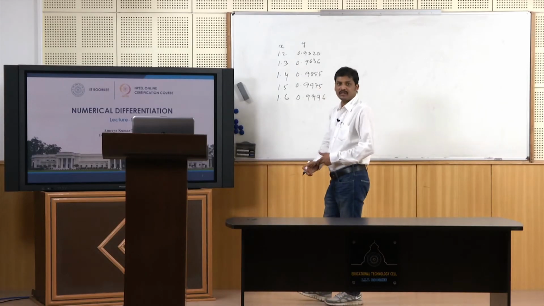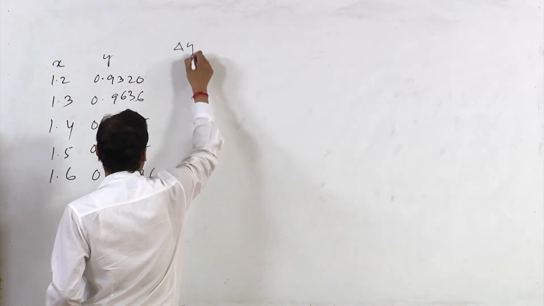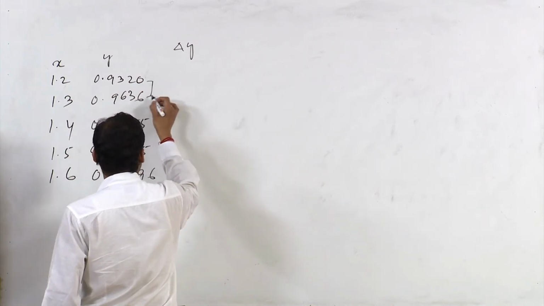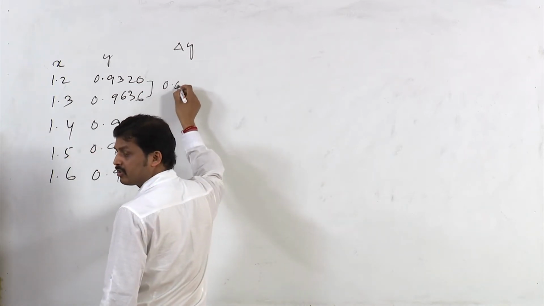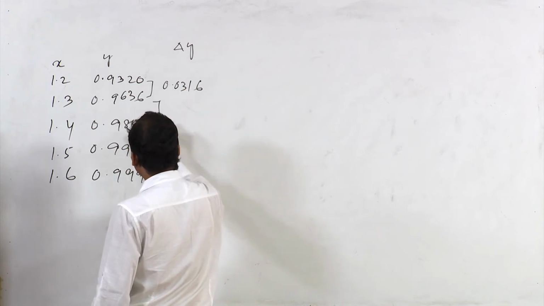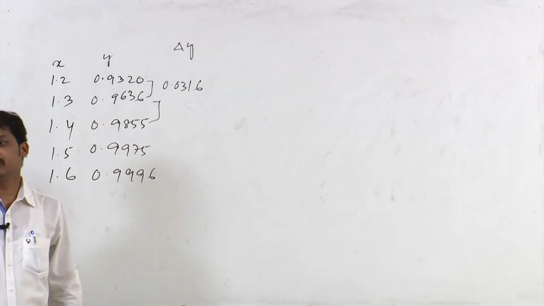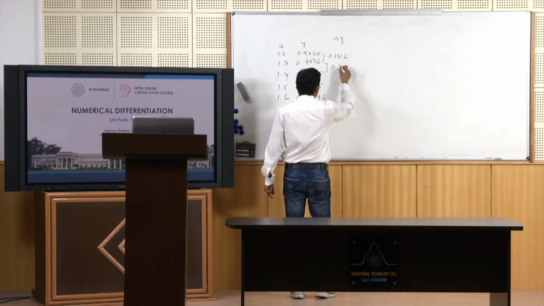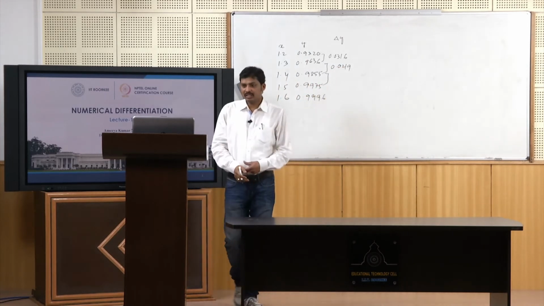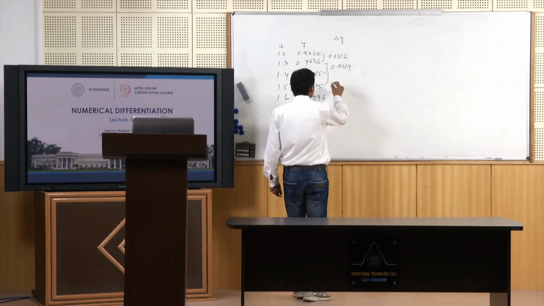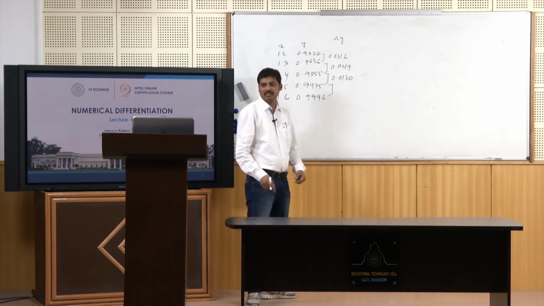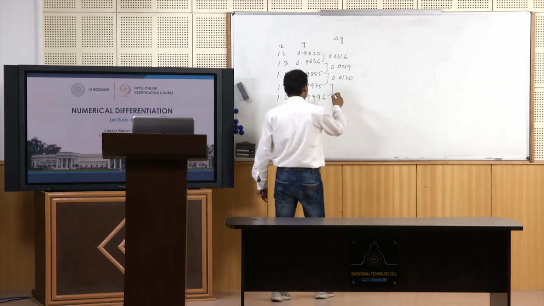The corresponding forward difference table can be given as the difference of these values: 0.0316, then 0.0219, then 0.0120, and then 0.0021.